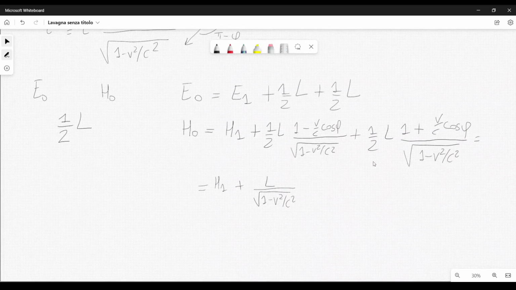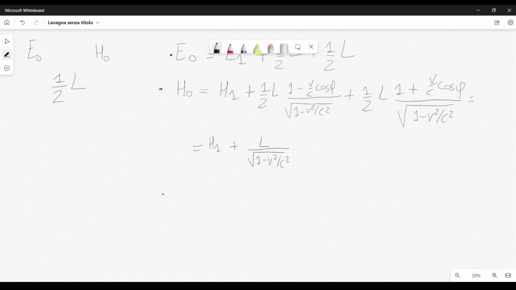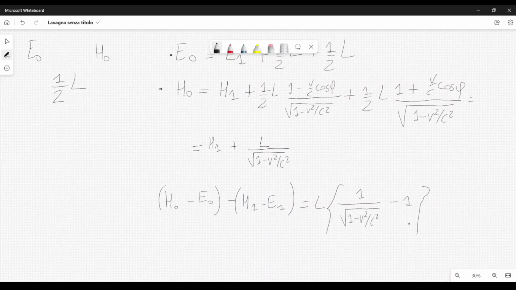Now, if we subtract these two equations, we can rewrite it like this: H0 minus E0 minus H1 minus E1 is equal to L times 1 over the square root of 1 minus V squared over C squared minus 1.